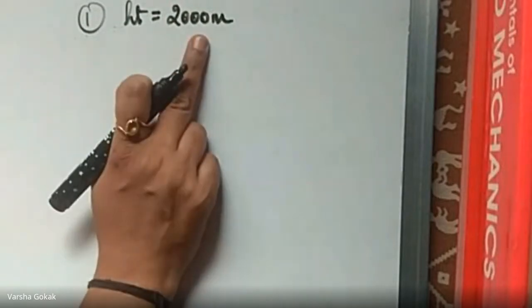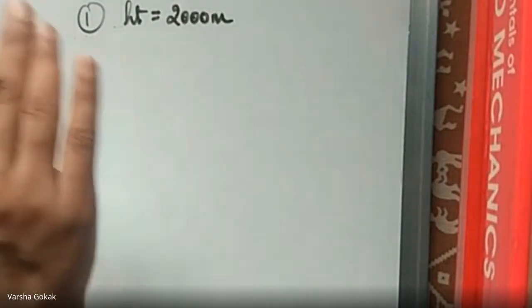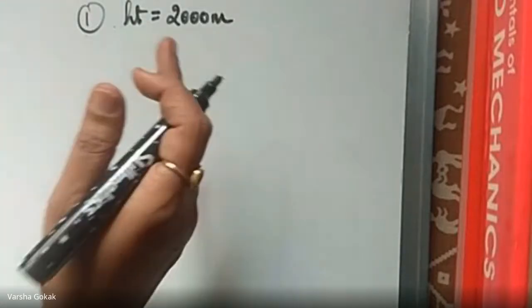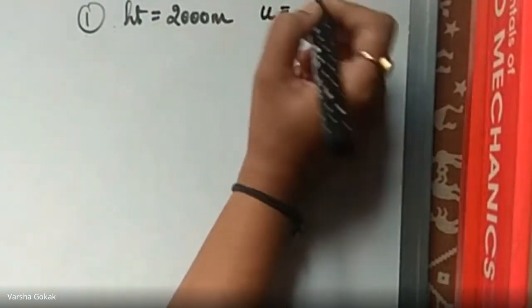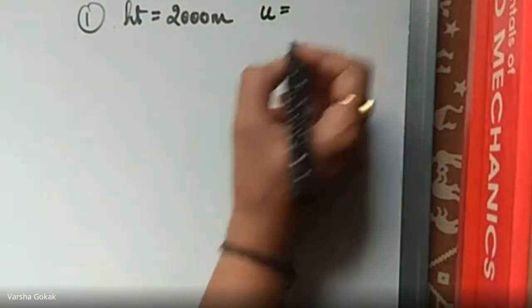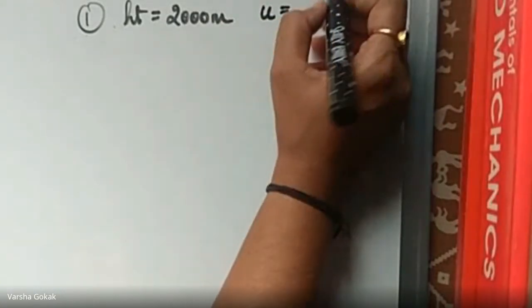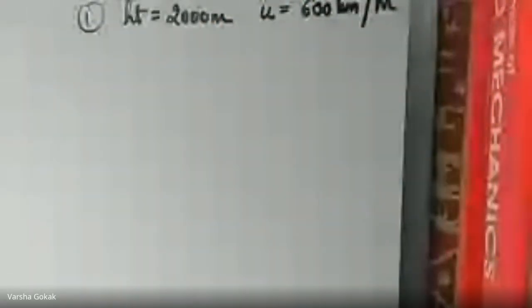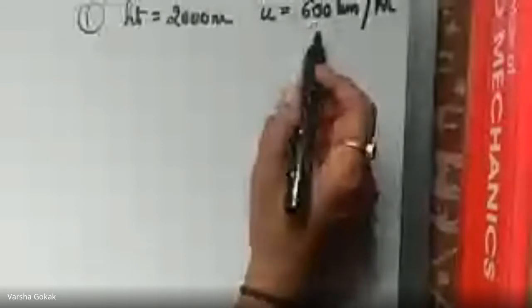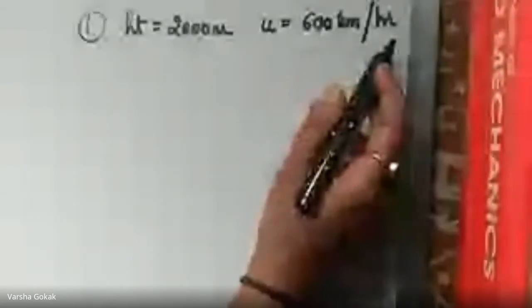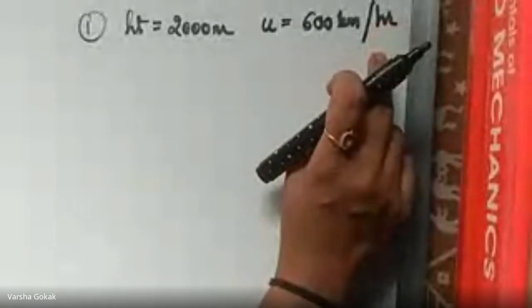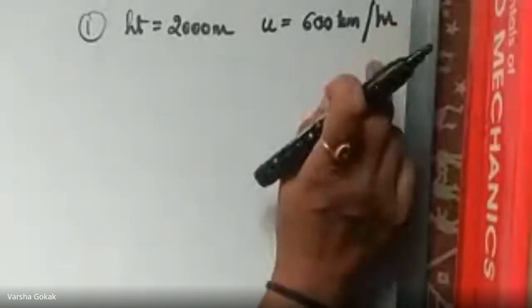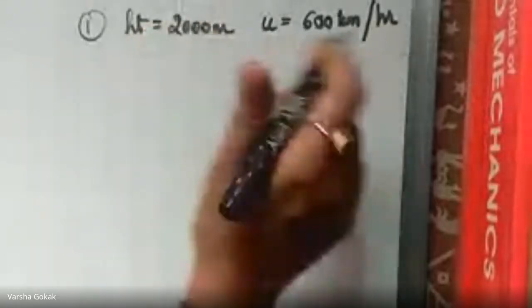So at a height of 2000 meters, a pilot is flying his bomber plane with a uniform horizontal velocity of, he's giving the uniform velocity of 600 kilometers per hour. So he's flying with a horizontal velocity of 600 kilometers per hour. Okay. And he wants to strike a target. We have to find at what distance from the target should he release the bomb.